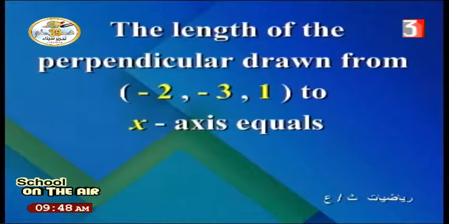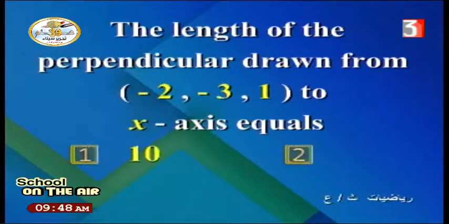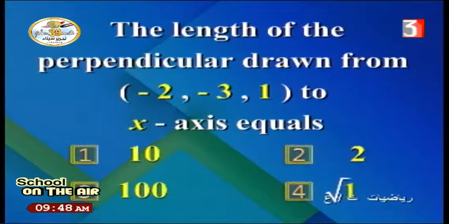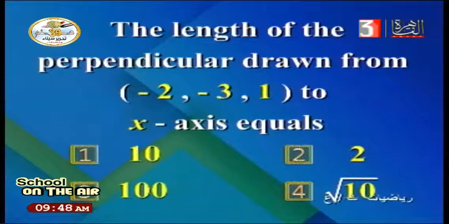Another example. The length of the perpendicular drawn from (negative 2, negative 3, 1) to the x-axis equals what? 10, 2, 100, root 10. My dear student, the length of the perpendicular drawn from a point to the x-axis equals the square root of the y component squared plus the z component squared.